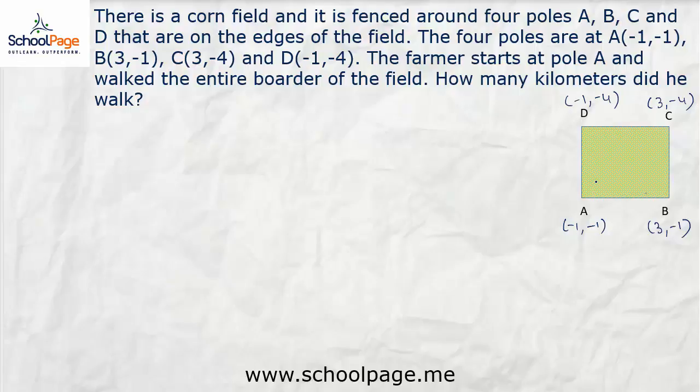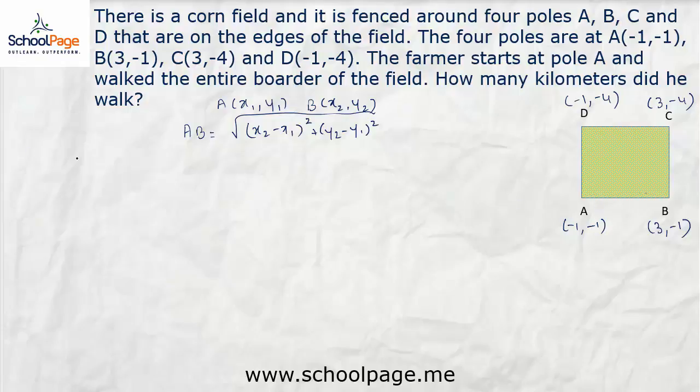For this, we have to find the distances AB, BC, CD and DA. We can find these distances using distance formula. The distance formula between points A, x1, y1 and B, x2, y2 is given by AB equal to square root of x2 minus x1 the whole square plus y2 minus y1 the whole square. Let us first find the distance AB.